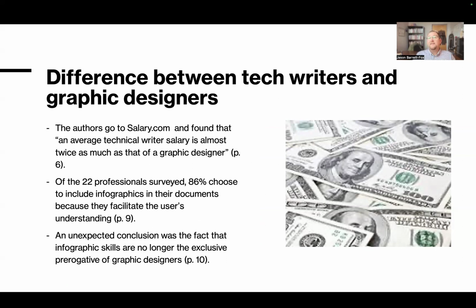Because it wasn't always. Technical writers, until well into the turn of the 21st century, didn't feel particularly responsible for images or for representing information visually. That was the primary terrain of graphic designers.